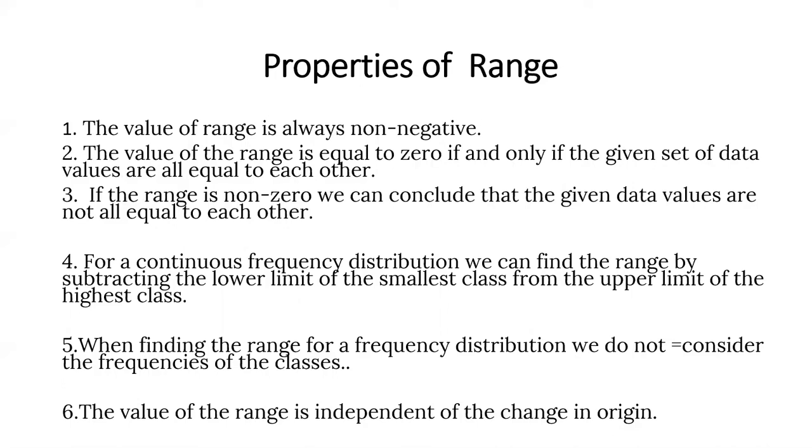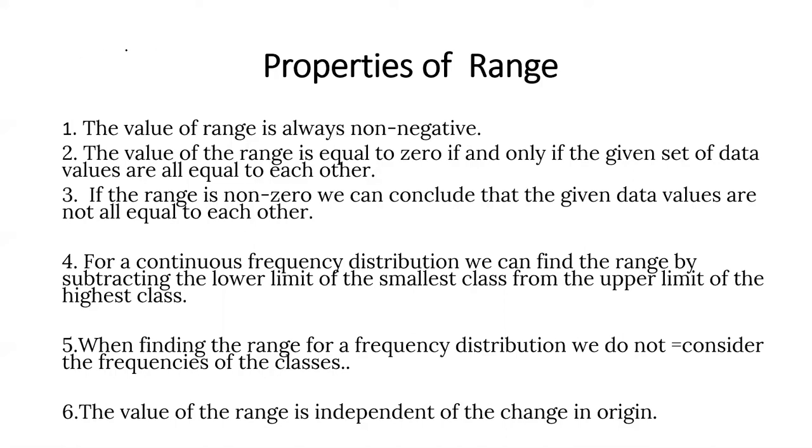The value of range is always non-negative. Range cannot be negative. It will always be positive. Then the value of the range equals 0 if and only if the given data values are all equal to each other. All the values are identical in the data set, then only the range will be 0.